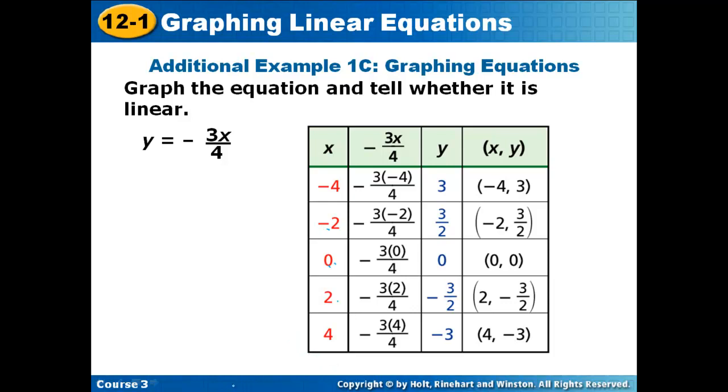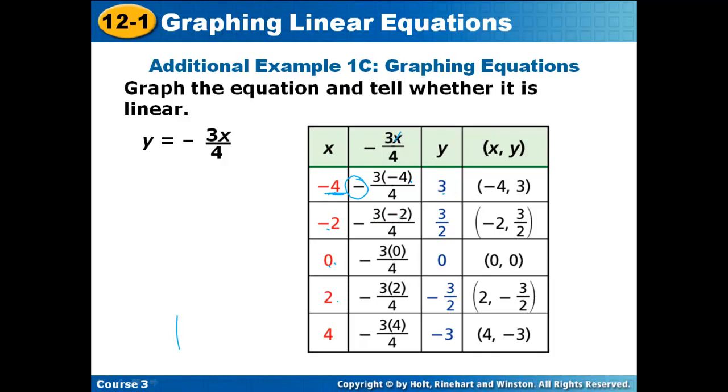After that, substitute for x: remove x and put the value here. So when you remove x and put -4, 3 multiplied by -4 will be -12, divided by 4 is -3, and we have a negative here, so it will be +3.